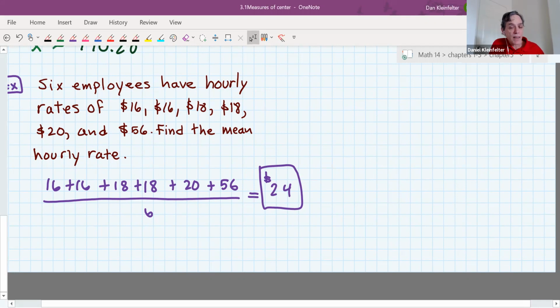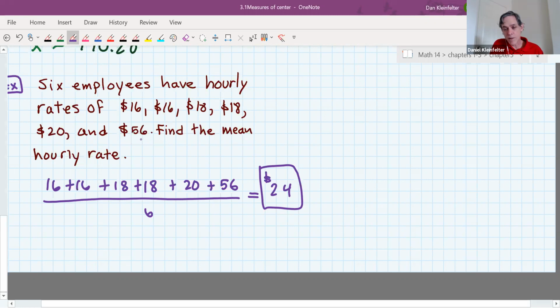Suppose that you are interviewing for a new job at a small company that has 6 employees, at least in this area. And the person hiring you says, okay, well, the average person in this department makes $24 an hour. So you might get the idea that the pay is around $24 an hour. But the thing is that 5 out of 6 people make $20 or less. The one person, maybe a shift leader or a manager, makes $56 an hour.